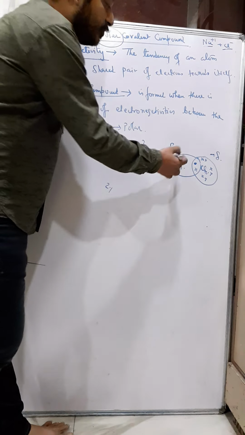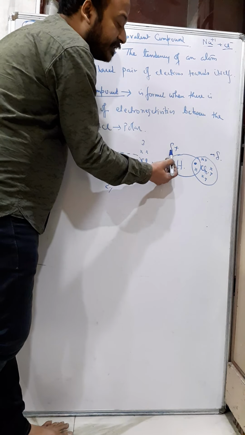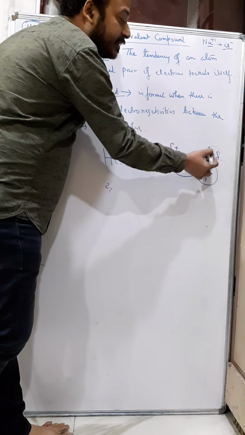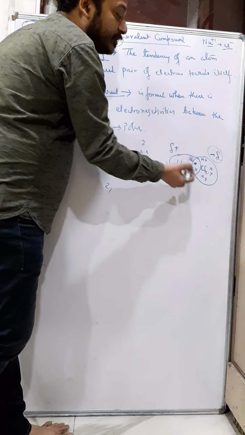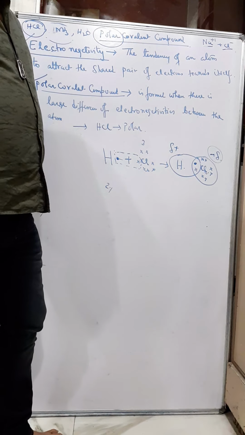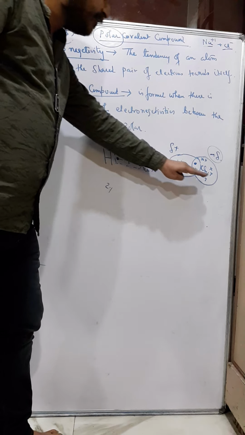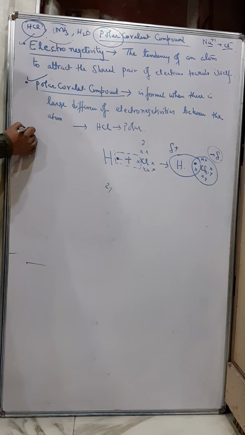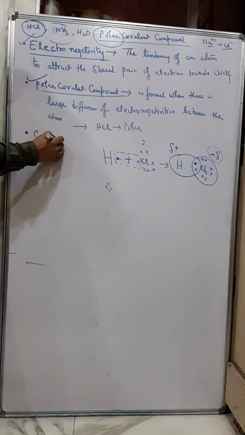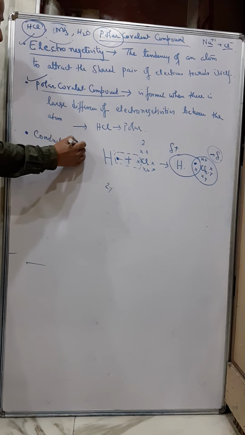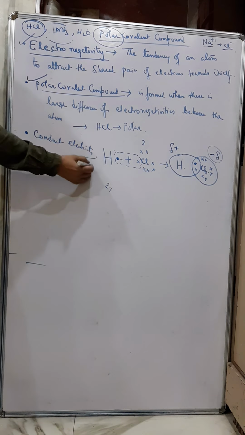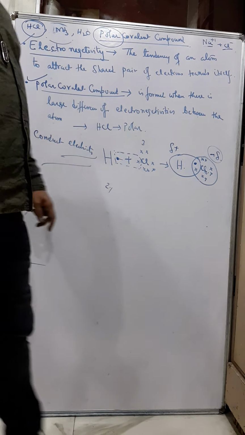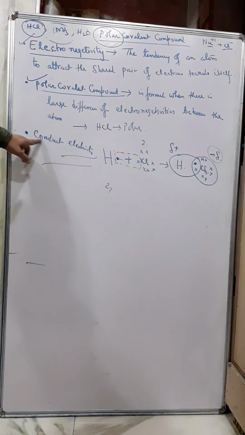So you can see that a slight positive charge and a slight negative charge are formed at the hydrogen atom and chlorine atom, and therefore this type of compound is called a polar covalent compound. And what is the speciality of polar covalent compounds? They conduct electricity, unlike normal covalent compounds, which are bad conductors of electricity.